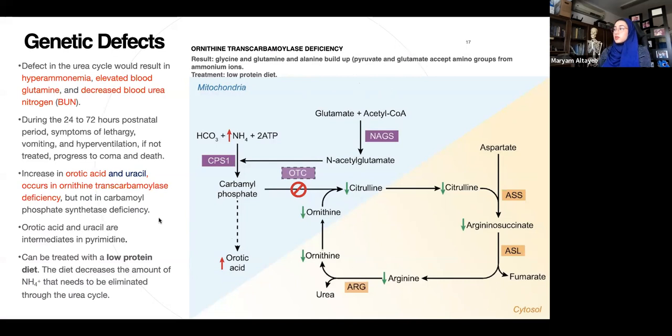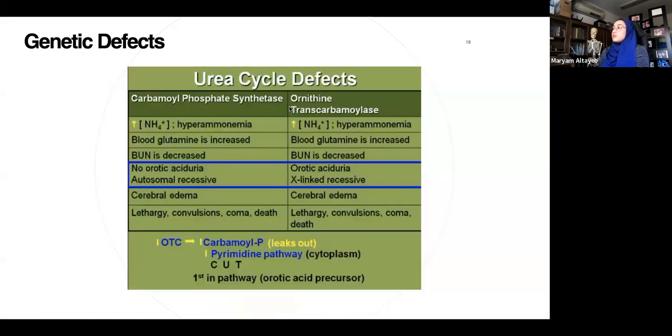Is that clear? And again, just to re-emphasize, and this is from your lecture as well, the difference between carbamoyl phosphate synthetase deficiency and ornithine transcarbamylase deficiency. Both of them are going to have high ammonia levels, decreased blood urea nitrogen, and high blood glutamine levels. The symptoms are going to be the same. But the main difference is that carbamoyl phosphate synthetase deficiency is not going to have orotic aciduria.